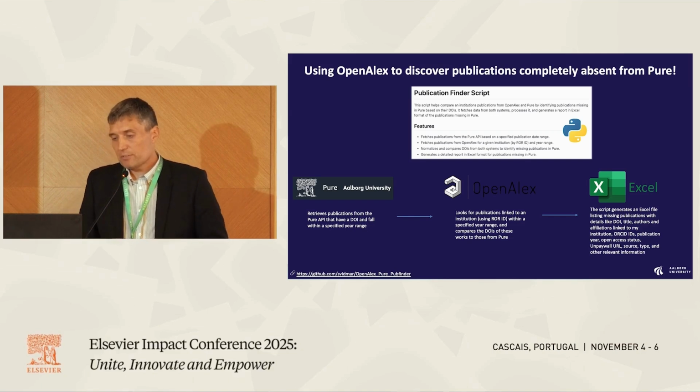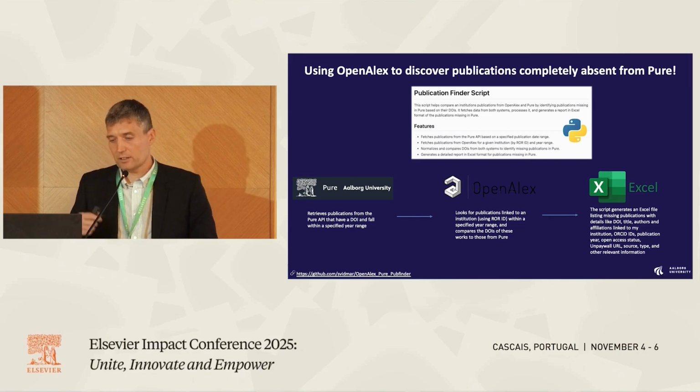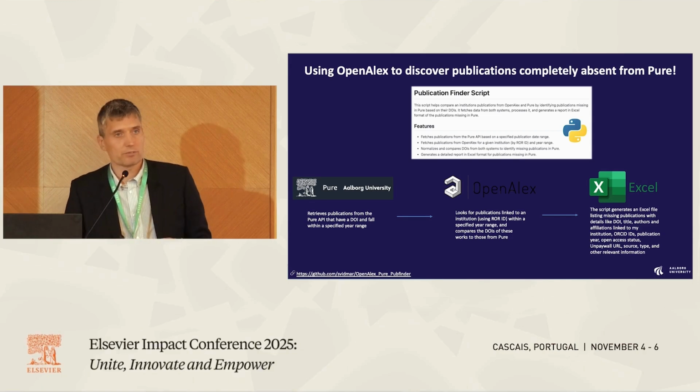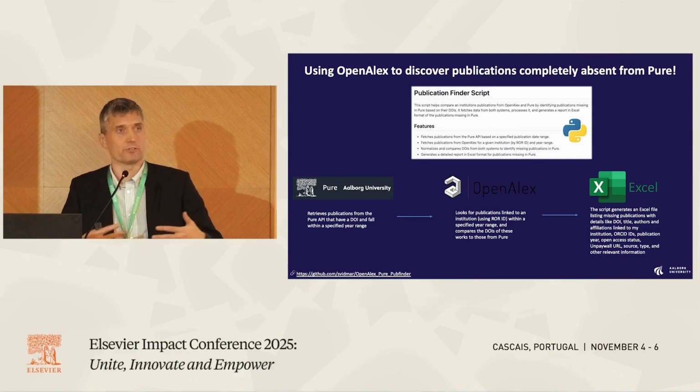So what the script does is that we run it on a daily basis. It retrieves publications from our Pure using the Pure API within a certain year range, and it then goes to OpenAlex and extracts publications from our university within the same year range and then compares the two.